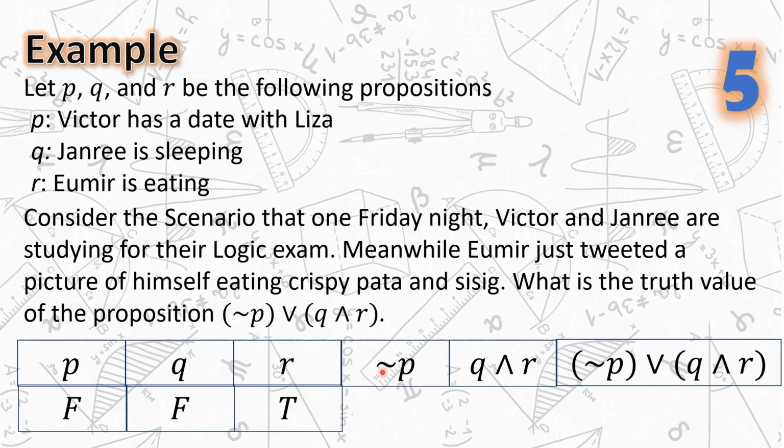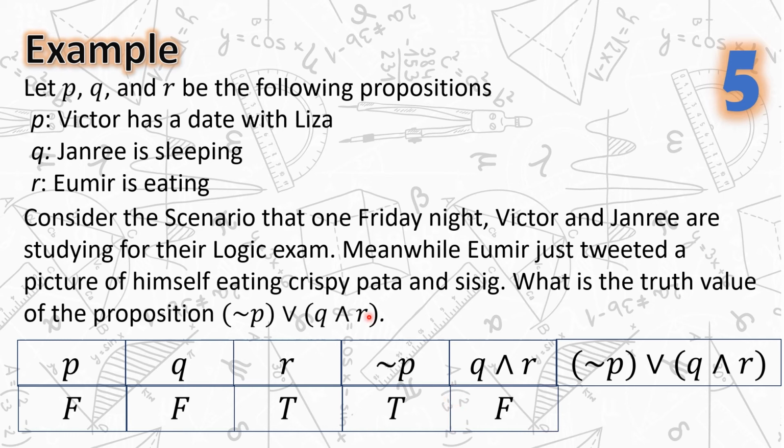The negation of P is true because the proposition P is false. The conjunction Q and R is false because Q is false and R is true. For the conjunction to be true, both Q and R must be true.